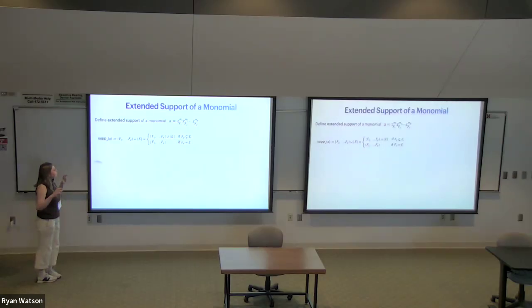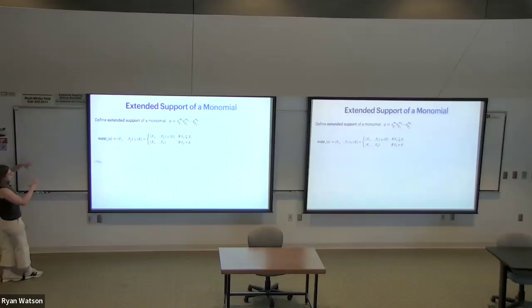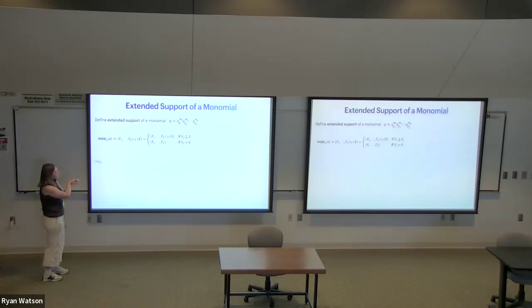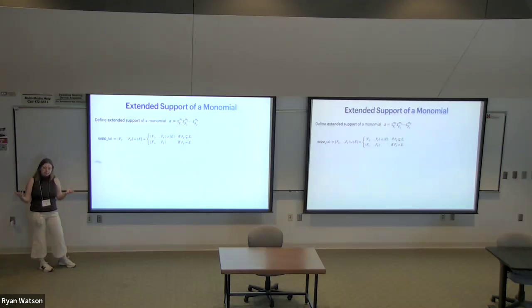Okay, so I want to send things that have the same stabilizer under the action of G. So I want to create a set that has that property. We call that the extended support of a monomial, where I take the support of that monomial and I can add the ground set to it, because any action on that will be trivial.